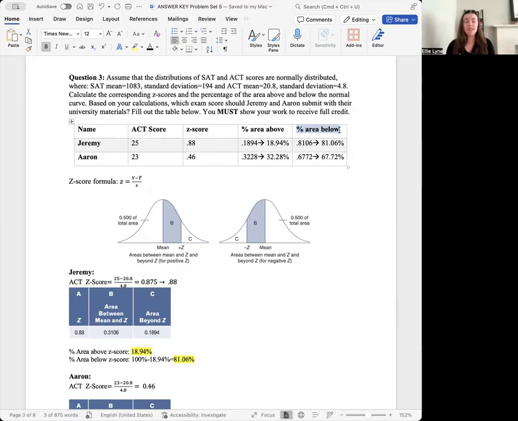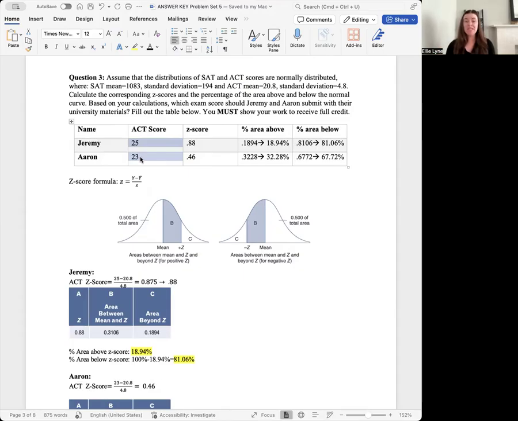The first key is knowing whether or not Jeremy and Aaron scored above the mean or average score. If we take a look, we see that the ACT mean is 20.8. Jeremy scored a 25 and Aaron scored a 23. So they are both above average.